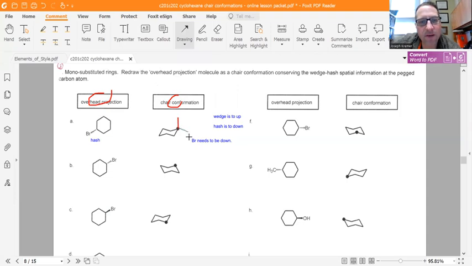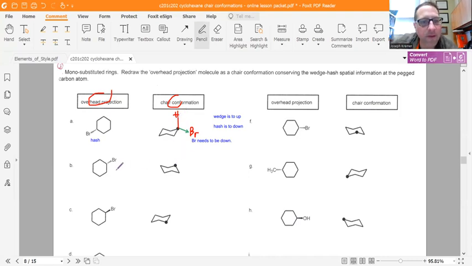One's up, one's down. So it looks like we're going to station the bromine equatorially. Bromine needs to be down. What about this one? If you leave that and move on, that's going to be incorrect because that's a methyl group, CH3, unless and until we put a capital H there. Now it becomes a hydrogen. Clear. Good.